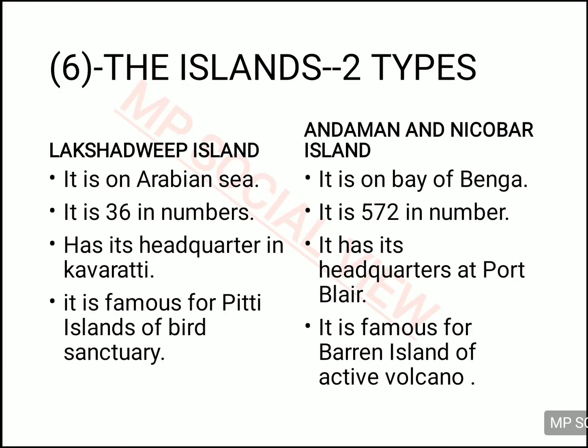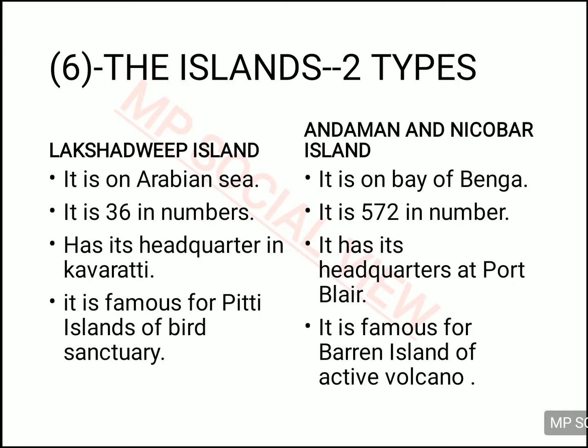This Lakshadweep island group has one island called Pitti Island, and this Pitti Island is very famous for its bird sanctuary. Whereas in the Andaman and Nicobar Islands group, you have one island called Barren Island, and that Barren Island has an active volcano.